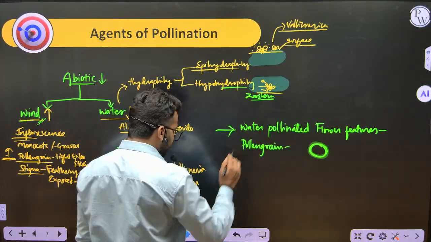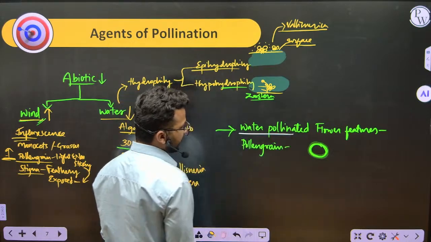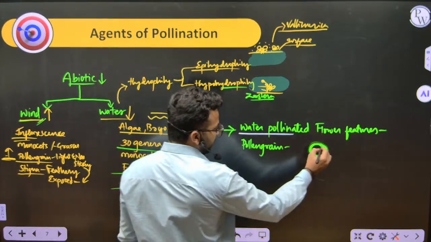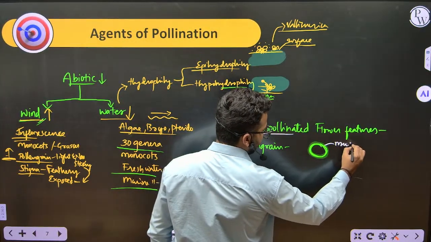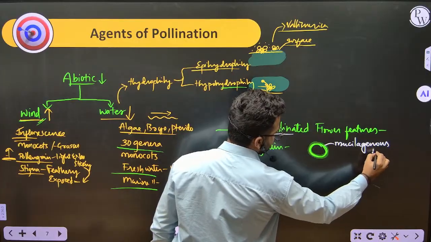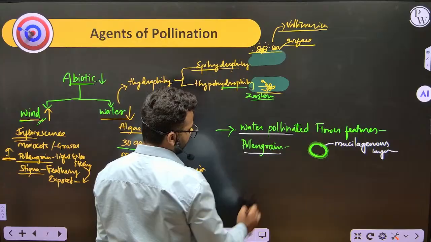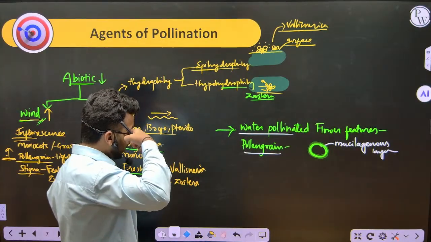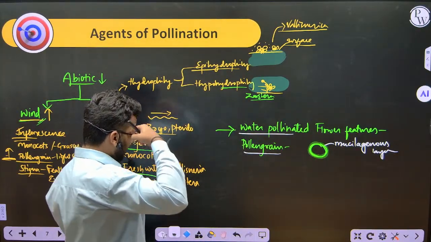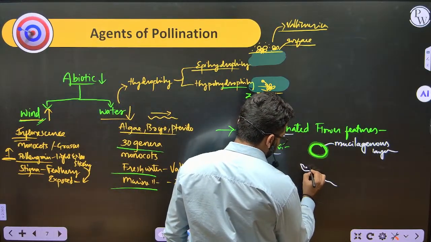Because of this, since they are present in water, the pollen grains in water pollinated plants will be covered with a mucilaginous layer. And in some cases the pollen grains are ribbon like structures.